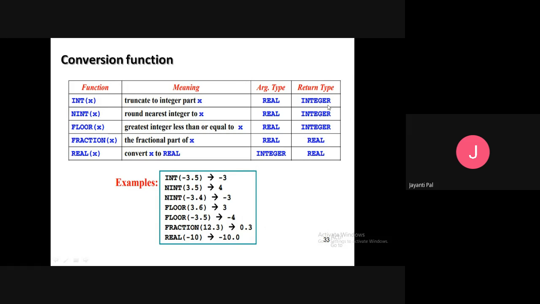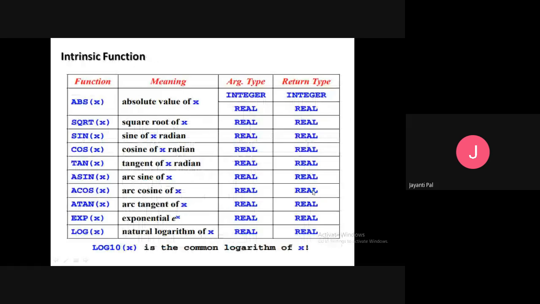Whether you put real or integer as an argument type, you will have integer as output for the first three conversion functions, and for the other two you will get output as a real type of variable. Those intrinsic functions are very common. There are also some other conversion functions, so you have to remember all of these functions.